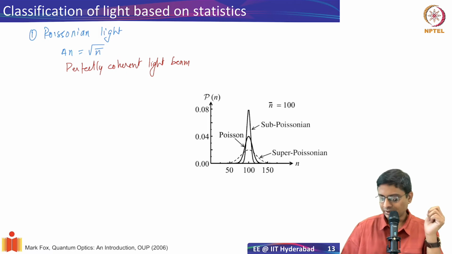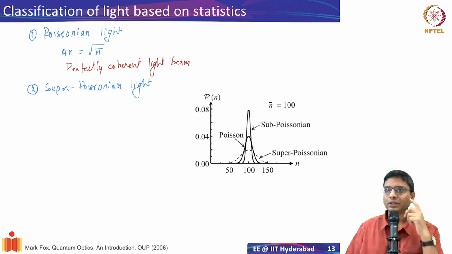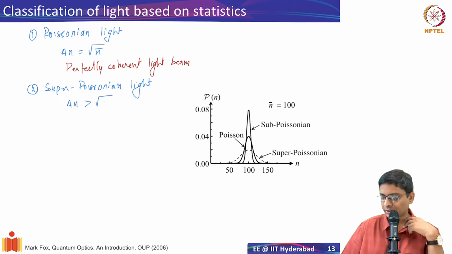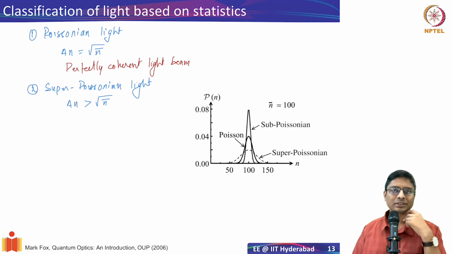Now you can have another scenario which we'll call Super-Poissonian. That means your delta n is going to be greater than square root of n bar. What sort of light sources will give you this Super-Poissonian?